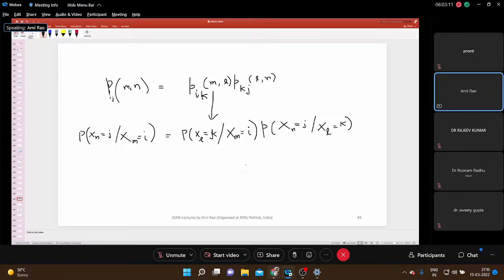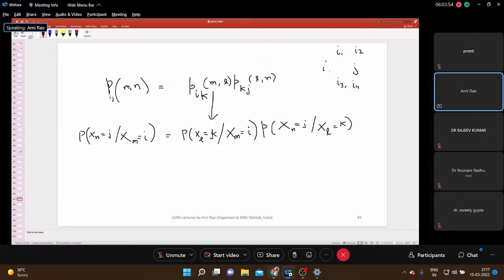Now your common sense says that k is arbitrary. k is arbitrarily picked as some state between i and j. There are various states, say i1, i2, i3, i4, and so on, so k is arbitrary and many states are there.